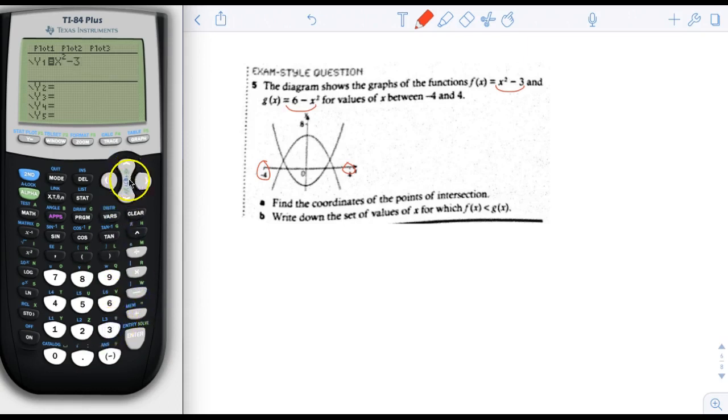And the other one, we're going to put 6 minus x squared. And then we're going to graph them. And then we're going to find the points of intersection by doing second calc intersect.